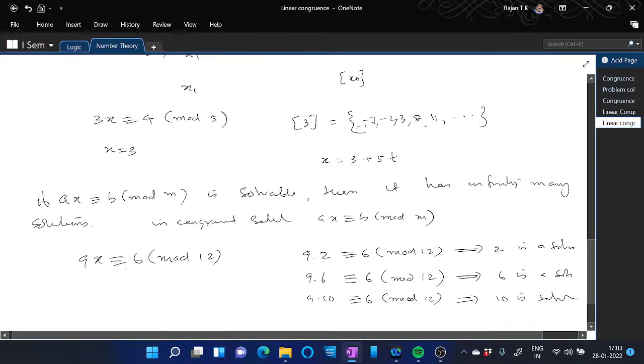But 9x congruent to 6 mod 12 has different solutions 2, 6, 10. One can verify that all these, 2, 6, 10, do not belong to the same equivalence class modulo 12. That is, 6 is not in the class of 2. Similarly, 2 is not in the class of 6. That is, they are in different congruence classes modulo 12.